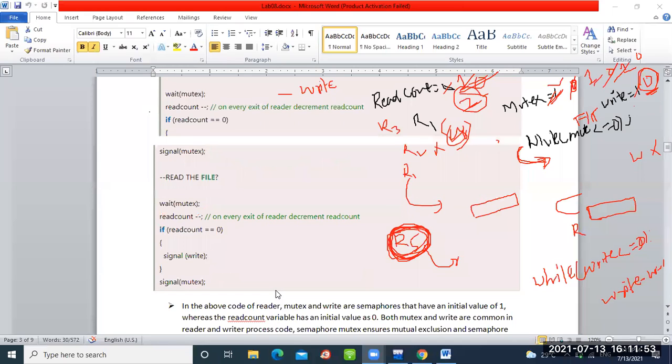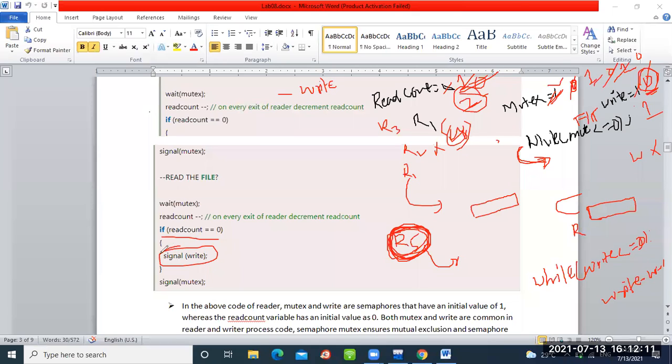Now, we are decrementing read count, and if read count equals 0, we have to perform signal of write. So I have to make this write semaphore value 1.